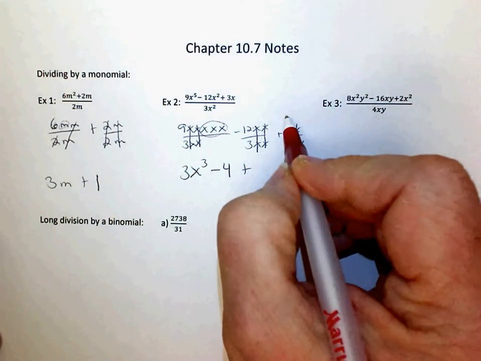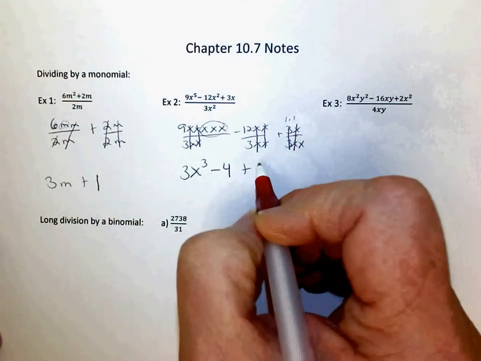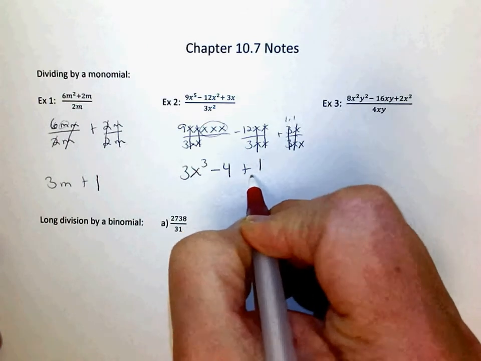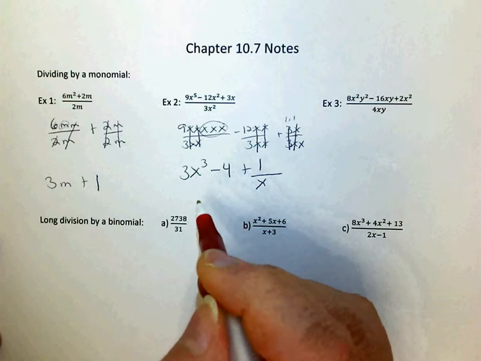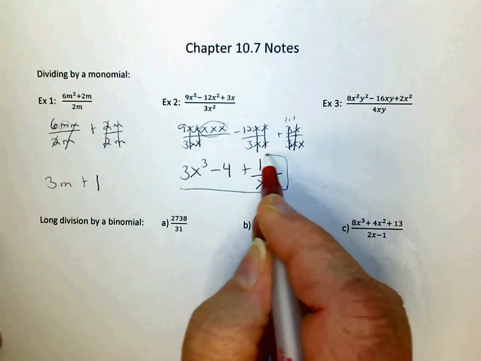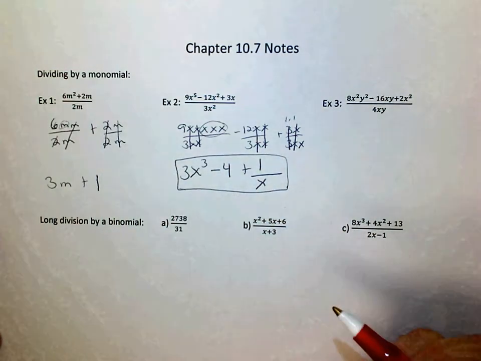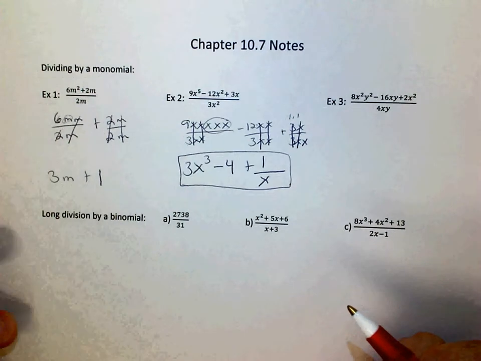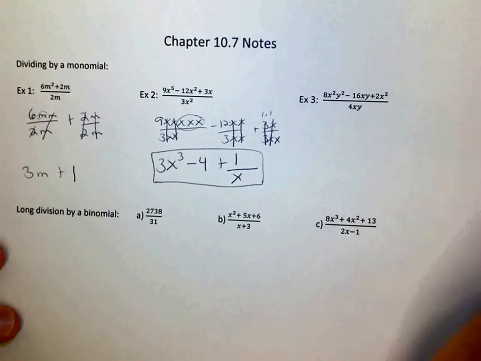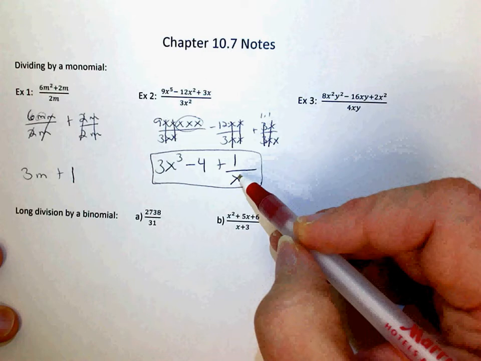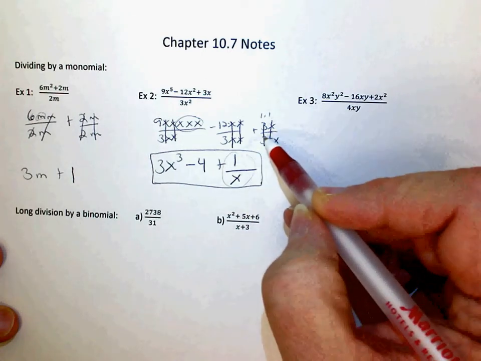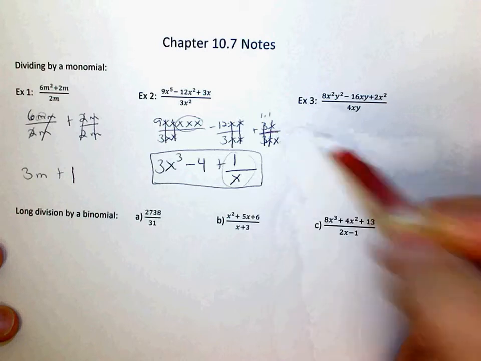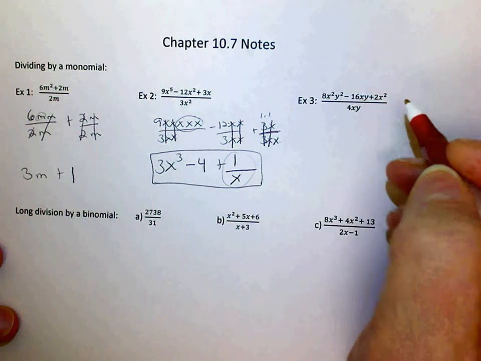And remember, that leaves a 1, and 1 times 1 up top is 1, but this x is left in the bottom. This is a big fat hairy deal, and people keep getting bit by that. So it's not hard, it's just realizing this x stays in the denominator, so you still have to have a fraction here.